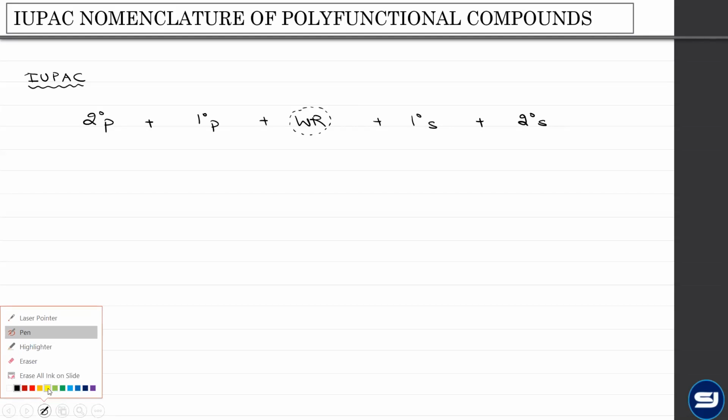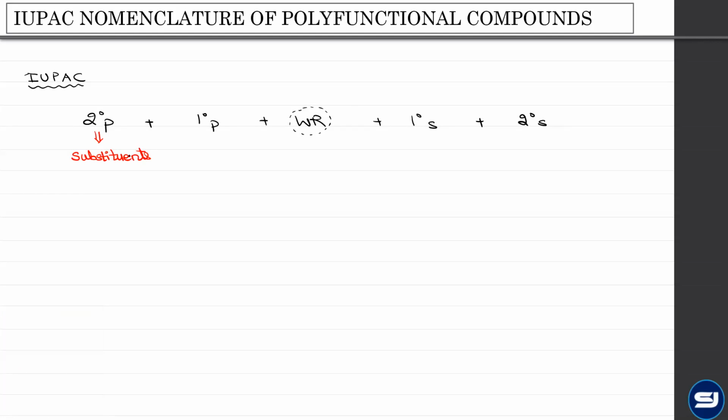The 2-degree prefix includes the names of all the substituents. All the branches not included in the parent will be named first, followed by cyclo. If there is a cyclic ring, this prefix is applicable, else it is ruled out.